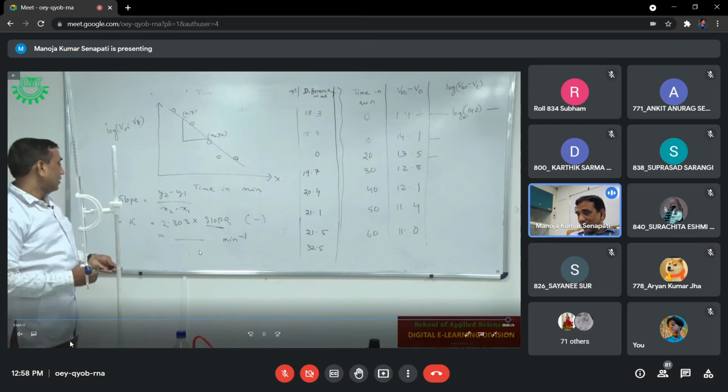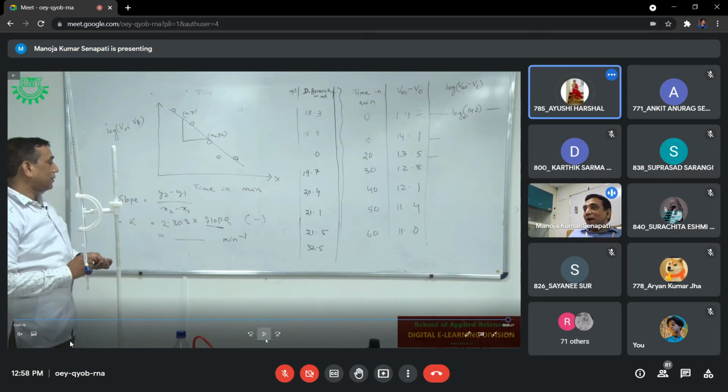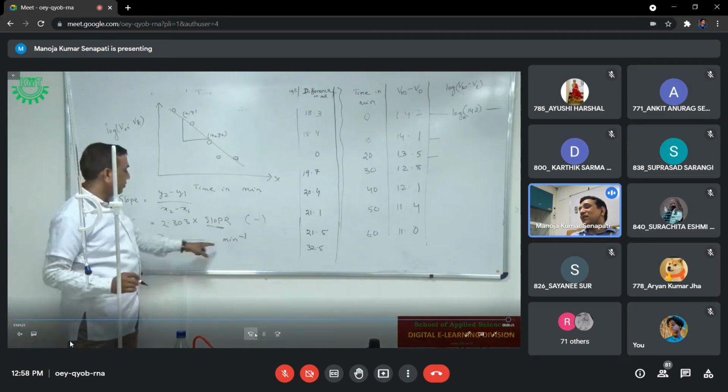Whatever result you are getting, you will divide it, not multiply, by 60. Because it is a time inverse, minute inverse. It is not in minute. Yes, sir, it is in minute inverse. You have to make it into second inverse. So divide that result by 60 and get the unit in second inverse.